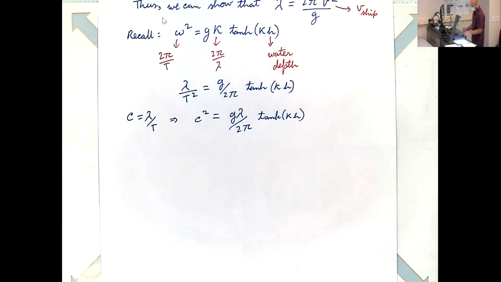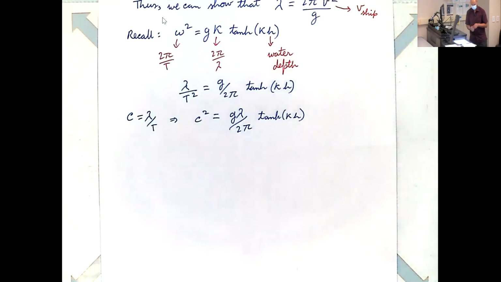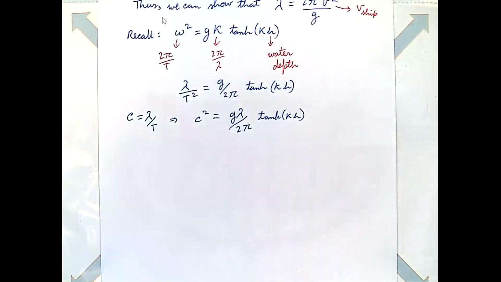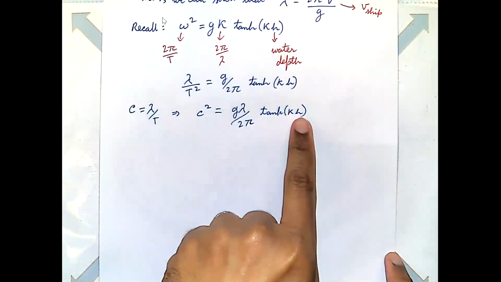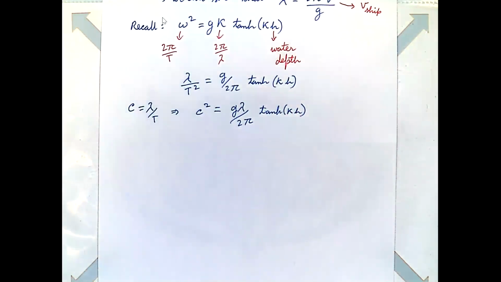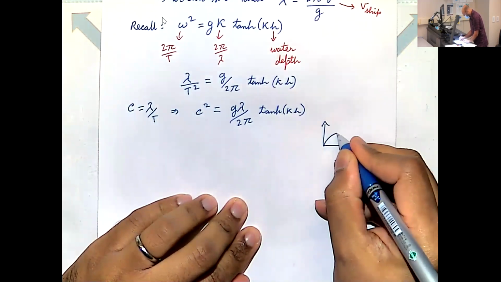Okay, do you also remember deep water? What happens to the tanh? Isn't it just 0 or 1? It's 1, I'm sorry. In shallow, it becomes kh. Okay, so that's the one we talk about, tanh, right?